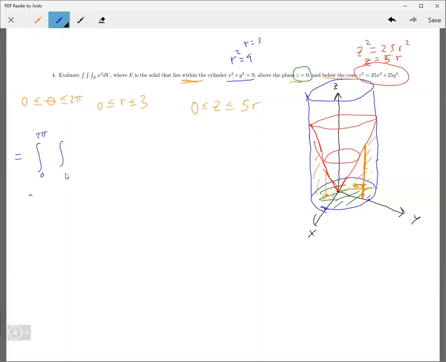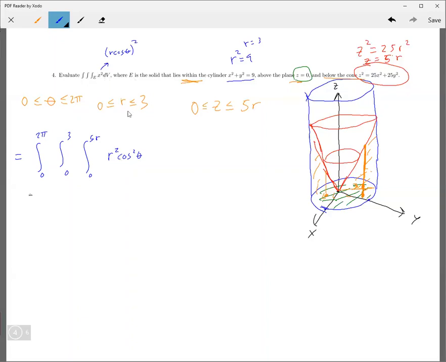0 to 2 pi, 0 to 3, and 0 to 5r. x squared becomes r squared cosine squared theta, because x is r cosine theta, right? So you're going to square that.